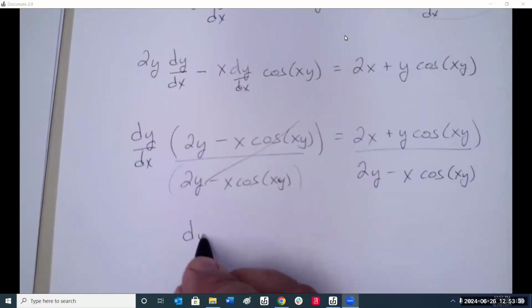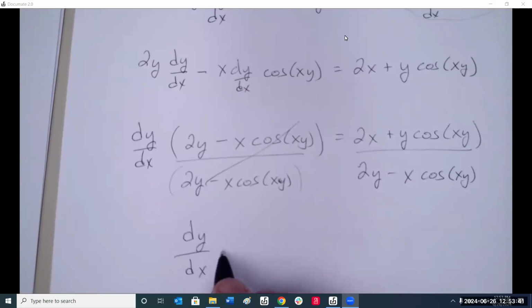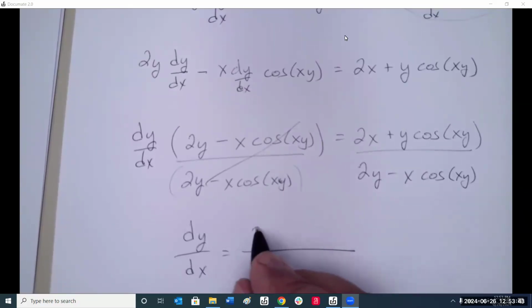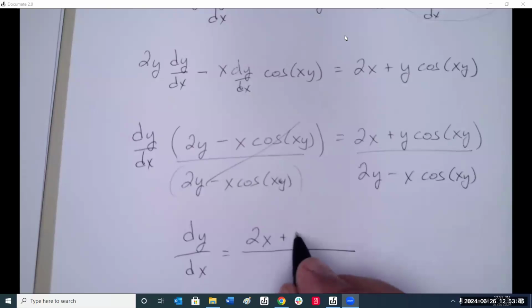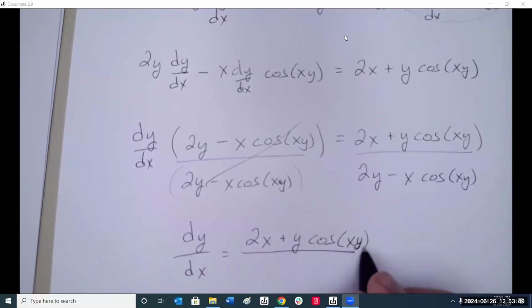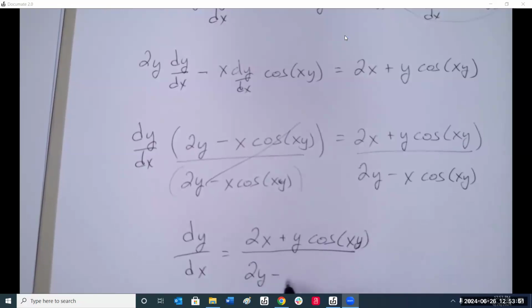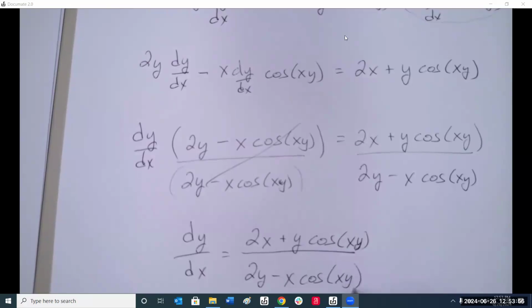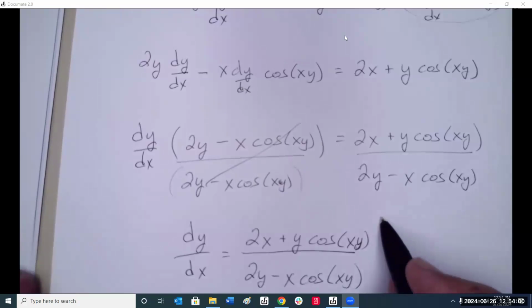So that's my derivative: 2x plus y cosine xy over 2y minus x cosine xy. That's my answer.